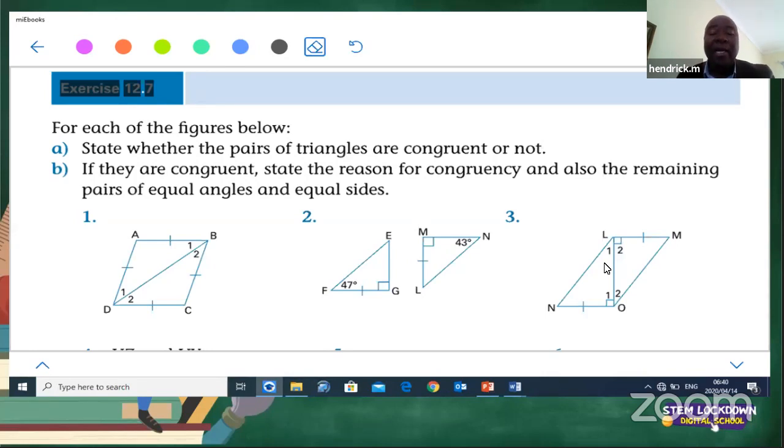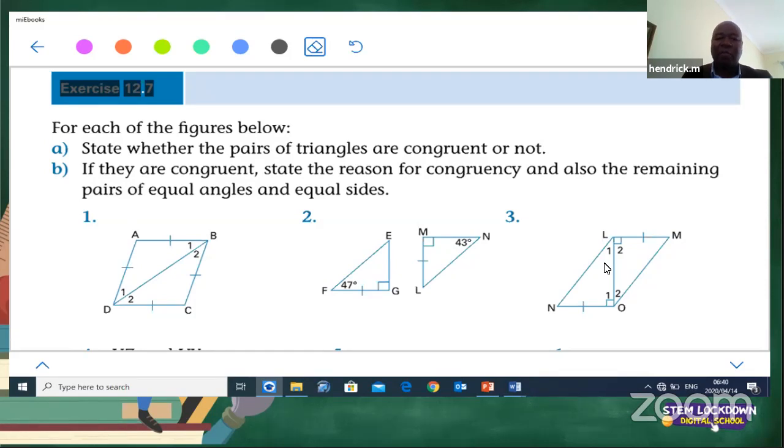And if you separate the two triangles, you will see that LO is a common side. Then you will have a side which is given. You'll have a common side again, and then you'll have the angle which is given there. And of course, this can be side, angle, side. So the two triangles are congruent.